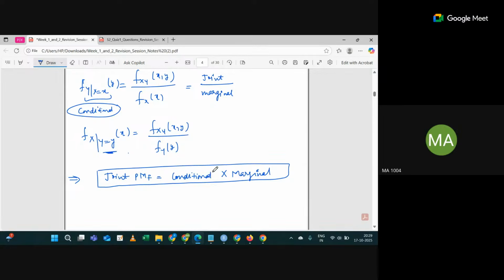Suppose you need some joint probabilities. Using this concept, conditional times marginal, you can actually compute the joint PMF. Anyway, that's not key. Let me discuss one major concept, then I will move on to other concepts.